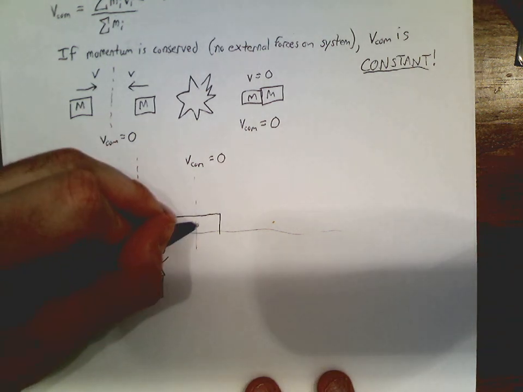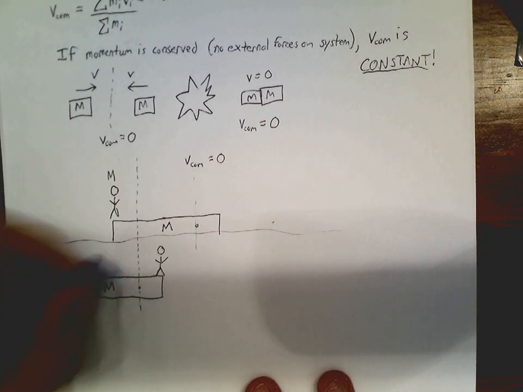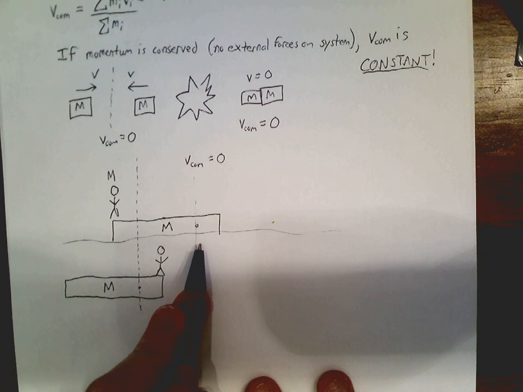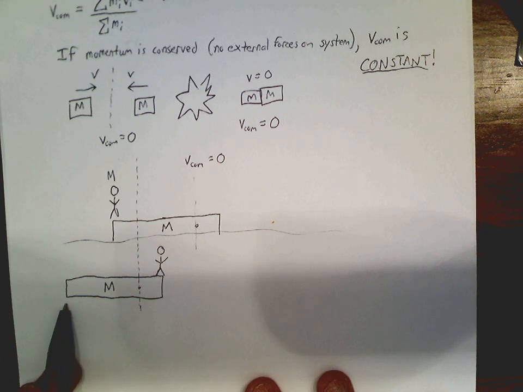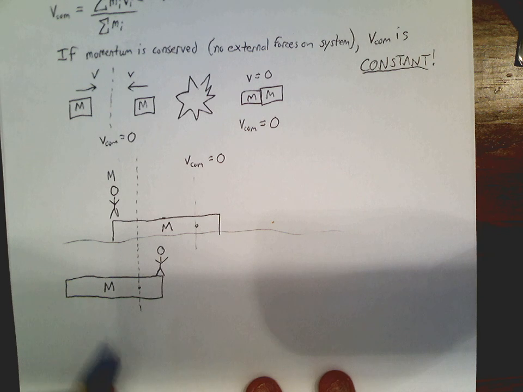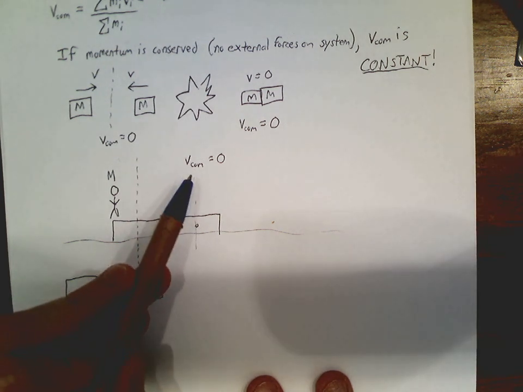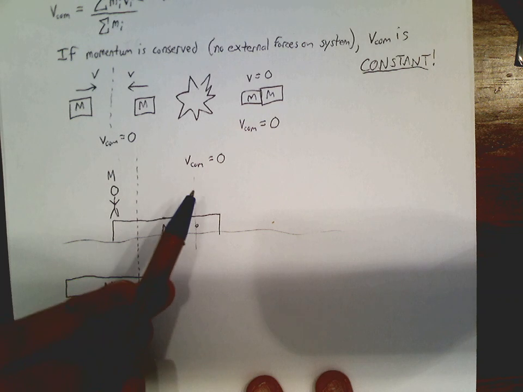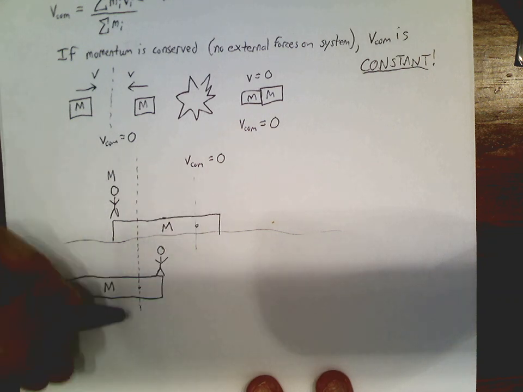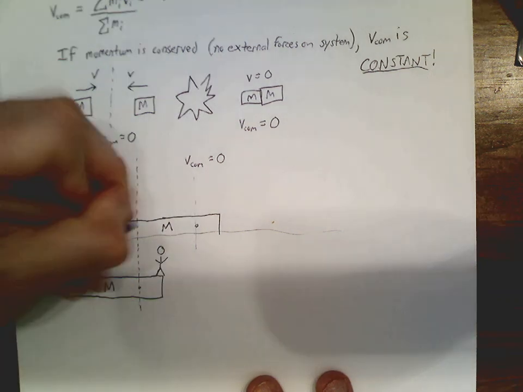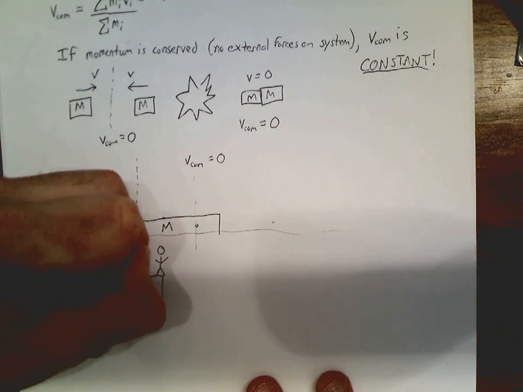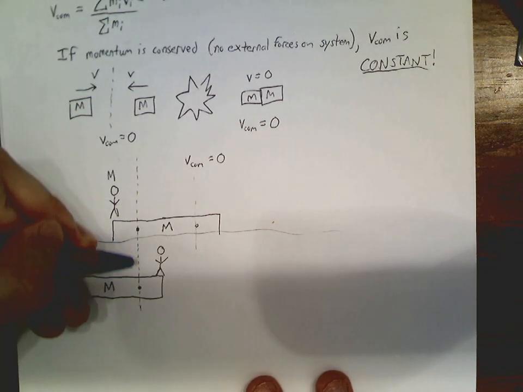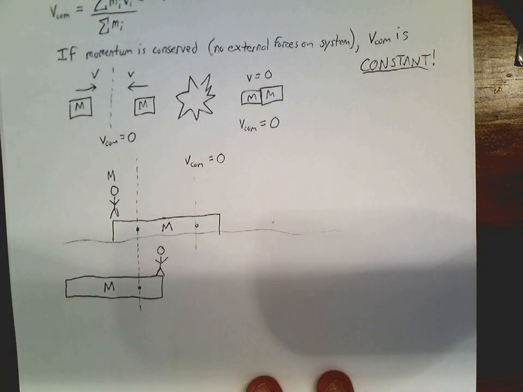If this piece is now over here, the raft moved 1/2 of its length back in the other direction. So we were able to predict this by knowing that center of mass velocity had to be 0. So the center of mass of the system had to stay in place. Wherever that center of mass is, it is always going to be at its original location.